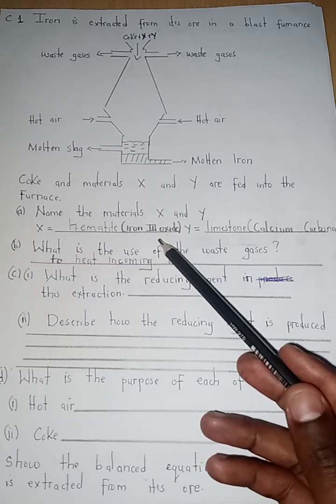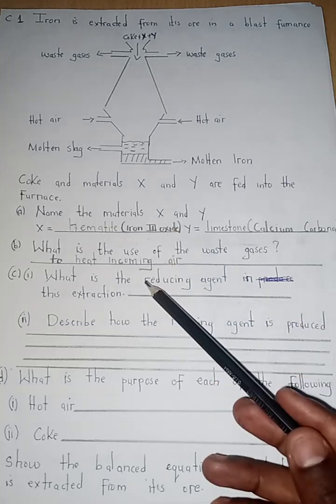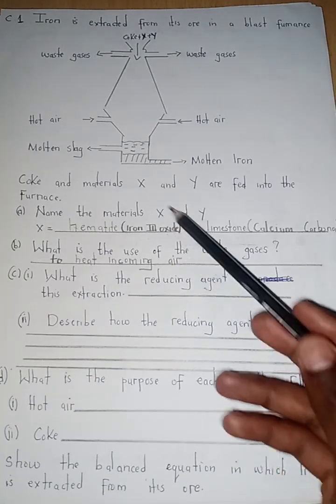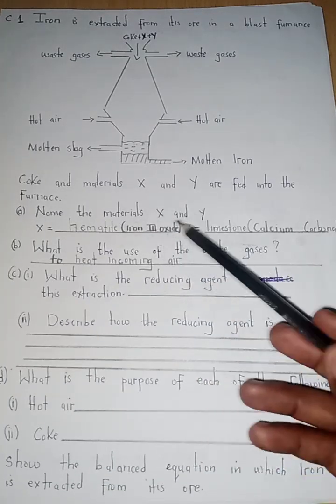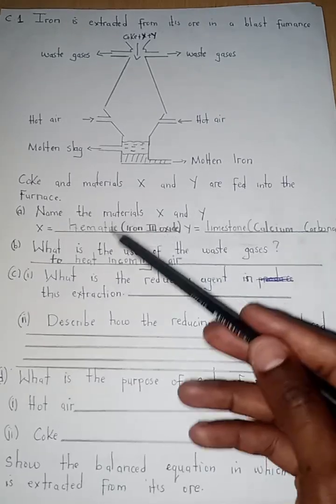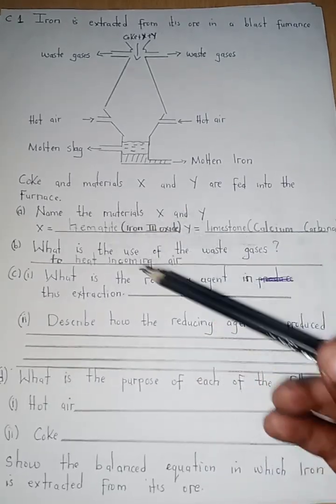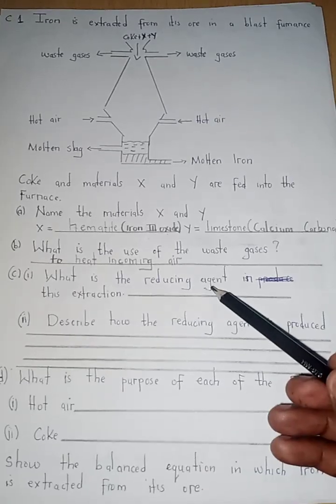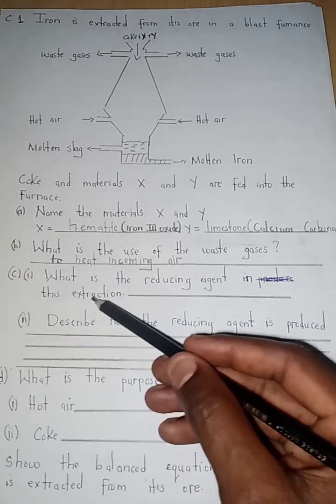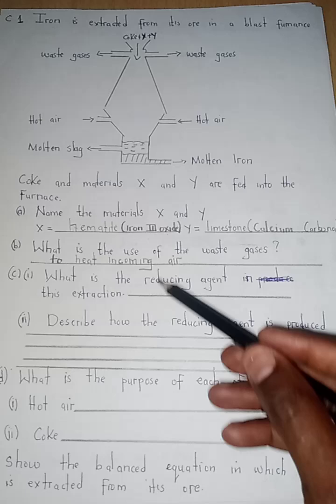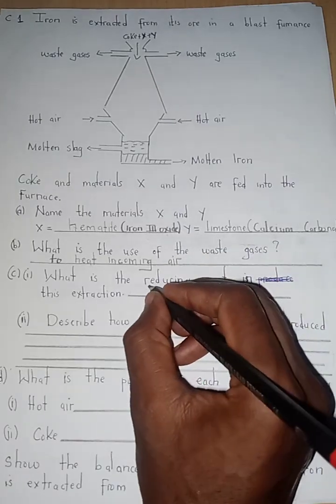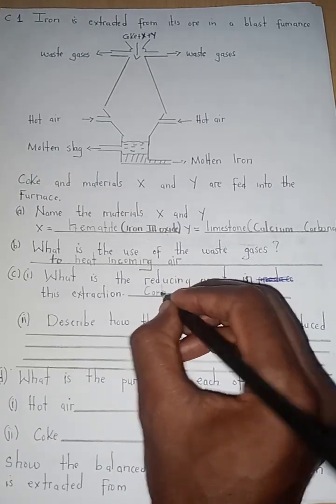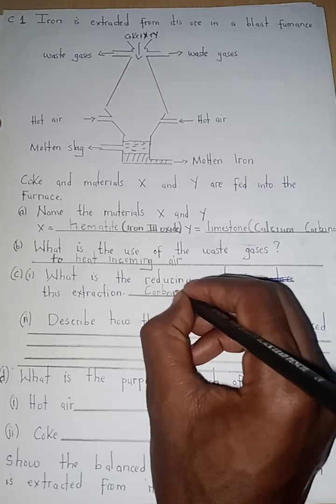That substance that will separate these is a reducing agent. It is going to react with oxygen to remove it so that only iron remains. That's a reducing agent. So now, the one that does this in iron extraction is carbon monoxide.